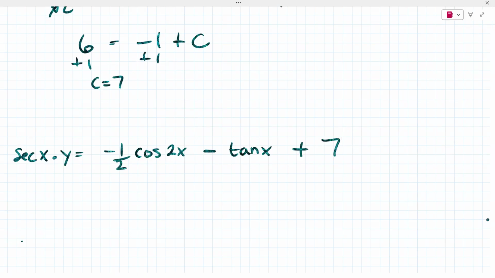So get rid of this secant of x, or divide everything by secant of x.